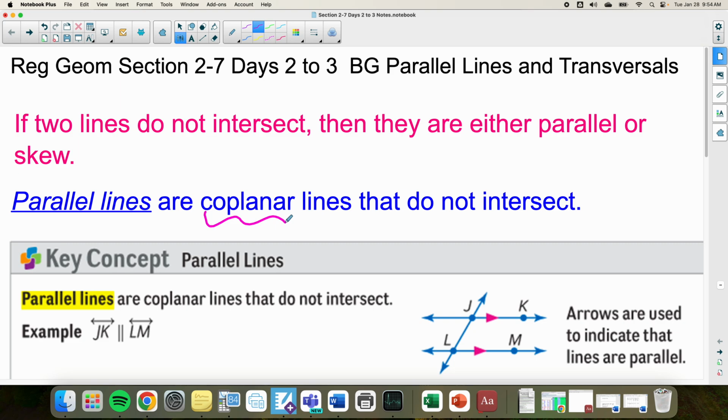If you had this line up here on the ceiling and that line down there on the floor, could I slice a plane through this room that would go through up here and through down there? Yes. Wouldn't I be kind of just slicing our room in half diagonally, right? So those two lines are actually parallel.